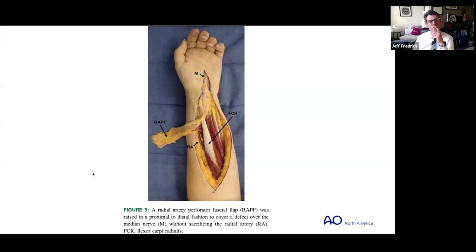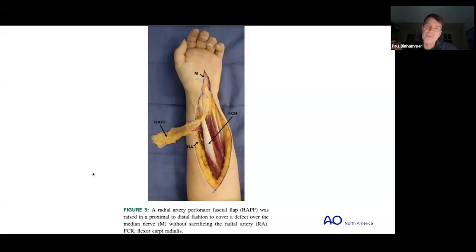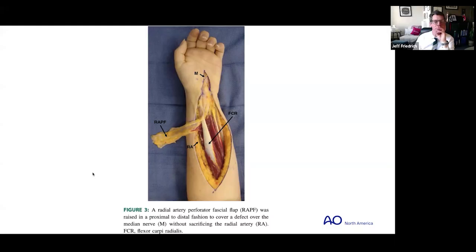If your defect is close to that distal point, 2 centimeters from the radial styloid point of rotation, then you can take a larger flap. If your arc of rotation is small, or your flap is close to your pivot point, then you can take a larger flap.